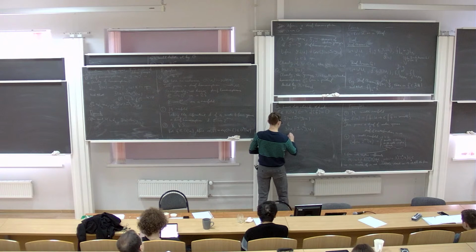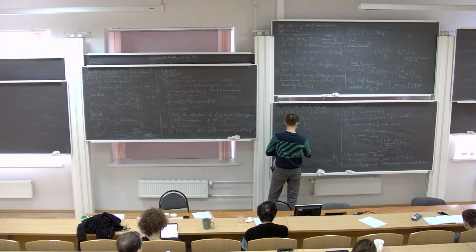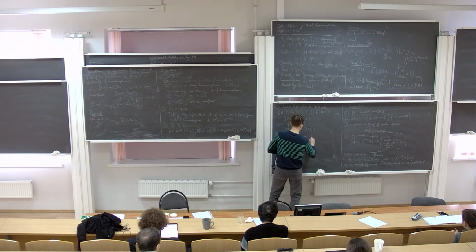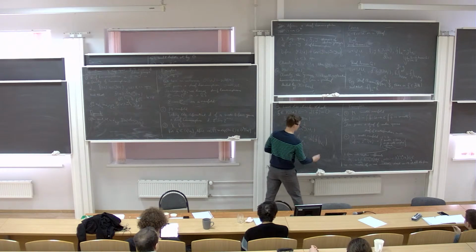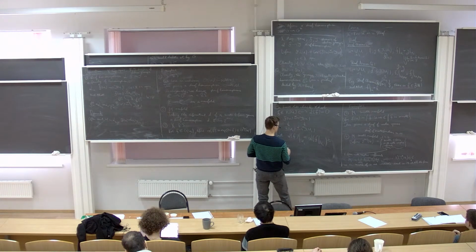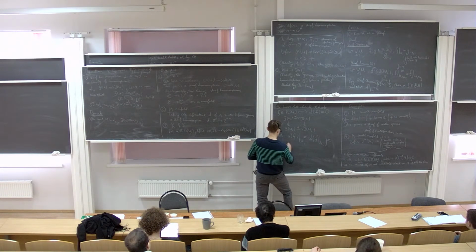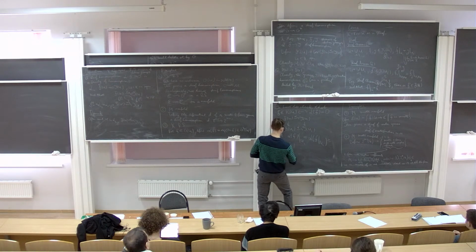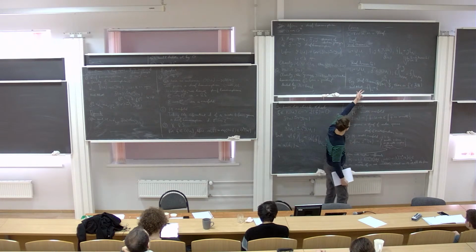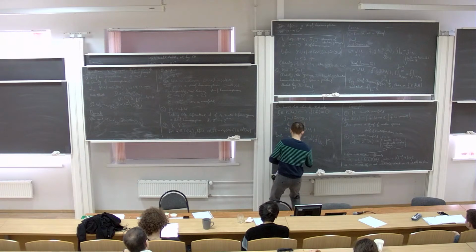But alpha f restricted to U_i is the same as alpha of f restricted to U_i. So this is alpha f_i, and this is 0 because we took f_i from K(U_i).